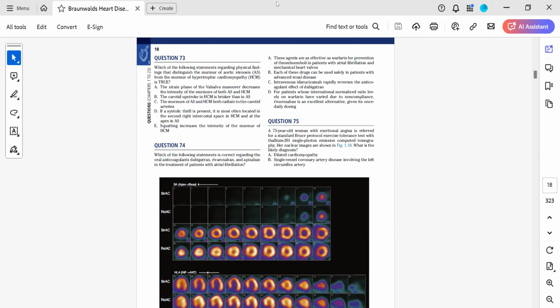So the suprasternal notch, not to the carotid arteries or neck. Thank you so much. What's your source? Just check Medscape. Okay. Thanks.